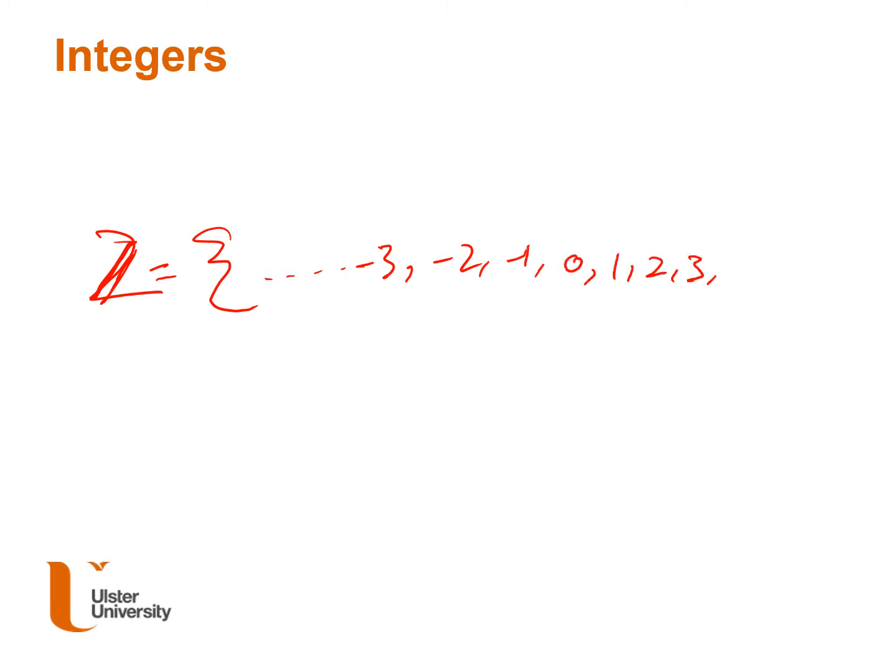Integers: this is a set containing all the natural numbers, their negative counterparts, and 0, and it is represented by Z. The elements are -3, -2, -1. It includes 0 as well, 1, 2, 3, and so on.